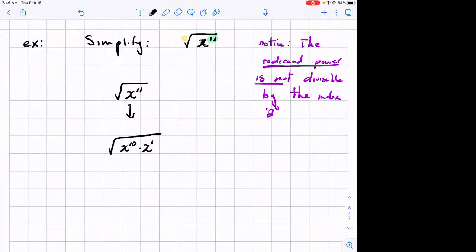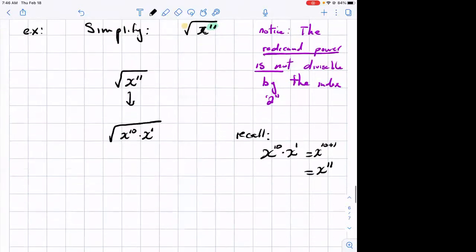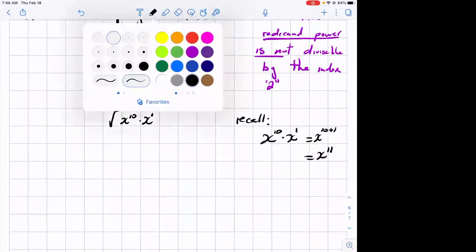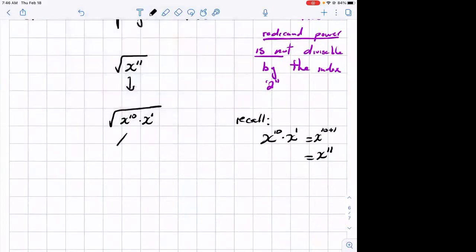Because remember, x to the 10 times x to the 1 is equal to x to the 10 plus 1, which is equal to x to the 11. Okay? And now, using the property as we did before, we can write this as the square root of x to the 10 times the square root of x.